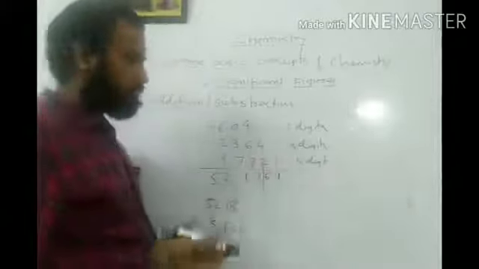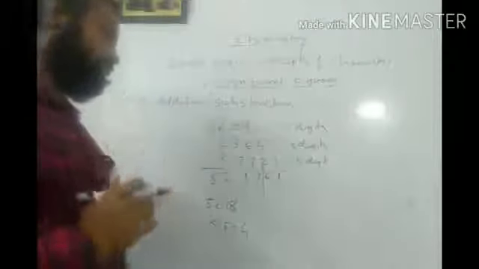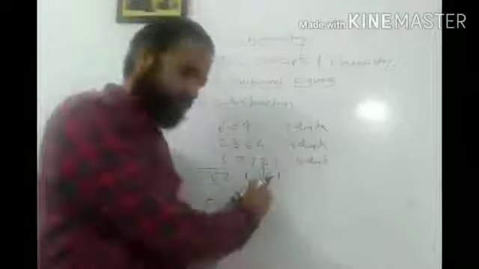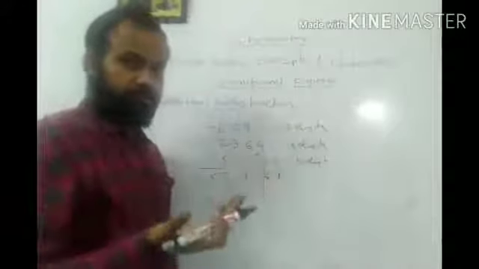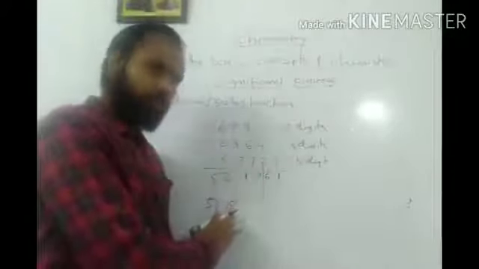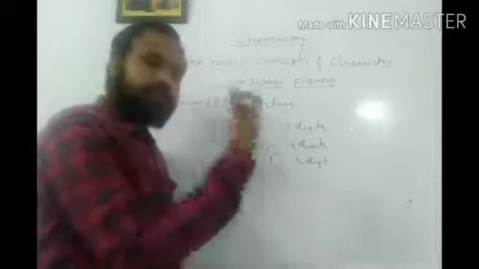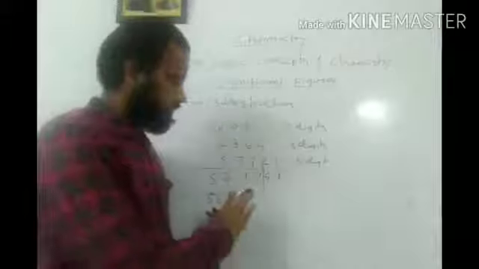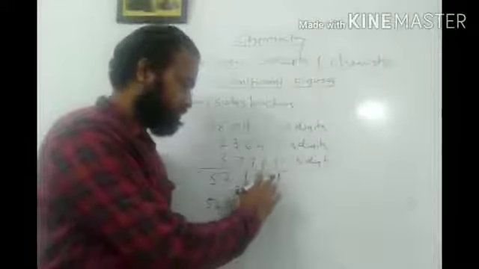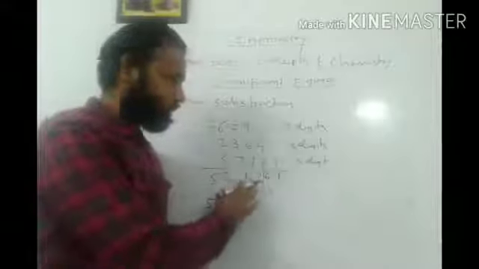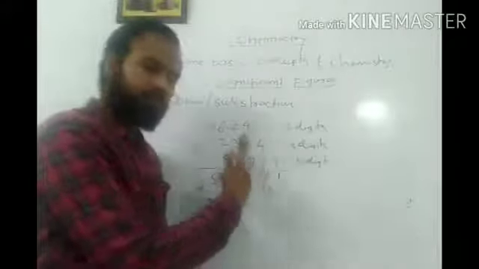Now most of the times students get confused, so I will give you a detailed explanation of this. Let us say this digit is greater than 5, so accordingly I am going to add 1 to this digit. If this digit is less than 5, there is no need to add. If instead of this 6 there is a 4, then there is no need to correct 52.17, it stays as it is.